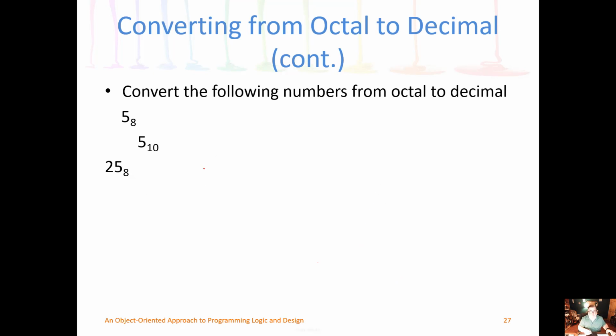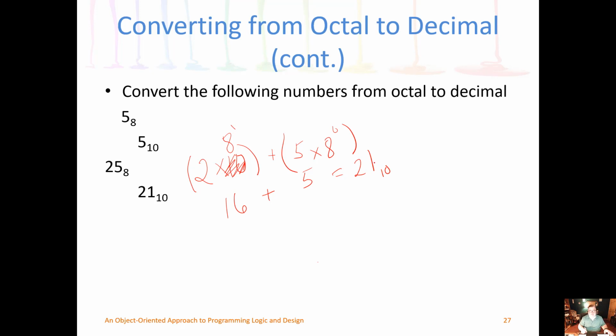So with 25, first we have 2 times 8 to the first, plus 5 times 8 to the 0. 2 times 8 is 16, plus 5, and so this equals 21 in base 10. Let's see if we're correct. Yeah, we are. So far, so good.